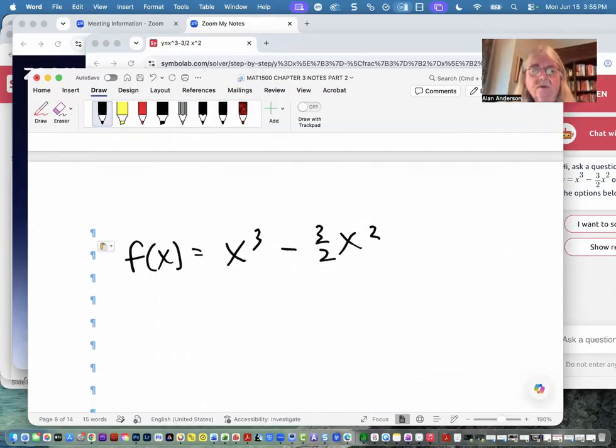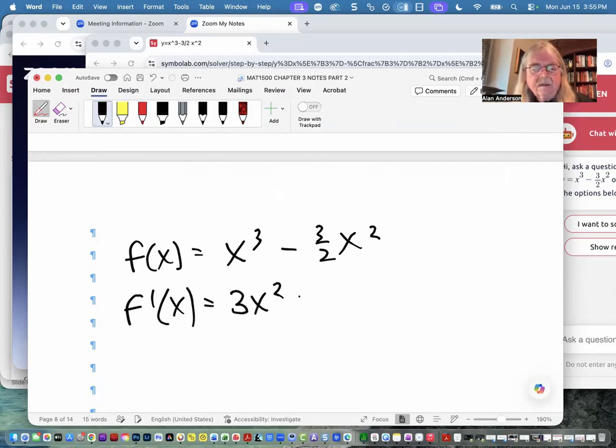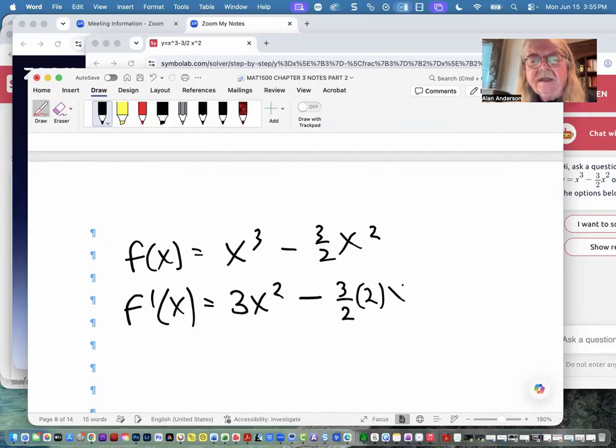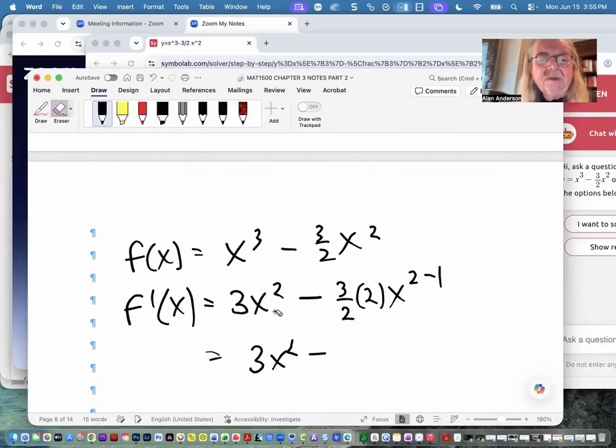Applying the power rule, the first derivative is 3x squared minus, now this one's a little trickier because it's 2 times 3 halves, x to the 2 minus 1. So we'll have 3x squared minus, I'm sorry, minus 3x. So this is the first derivative.